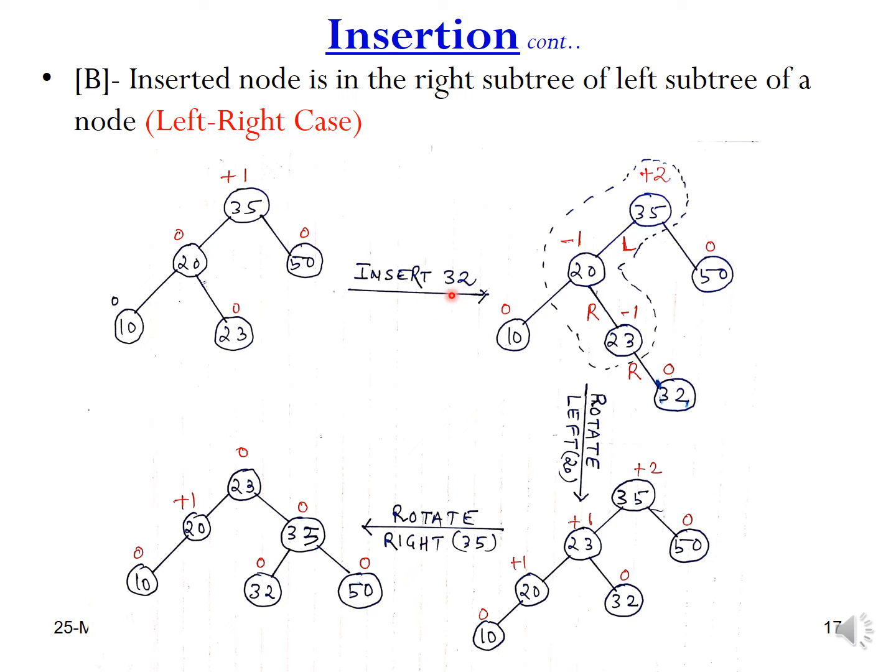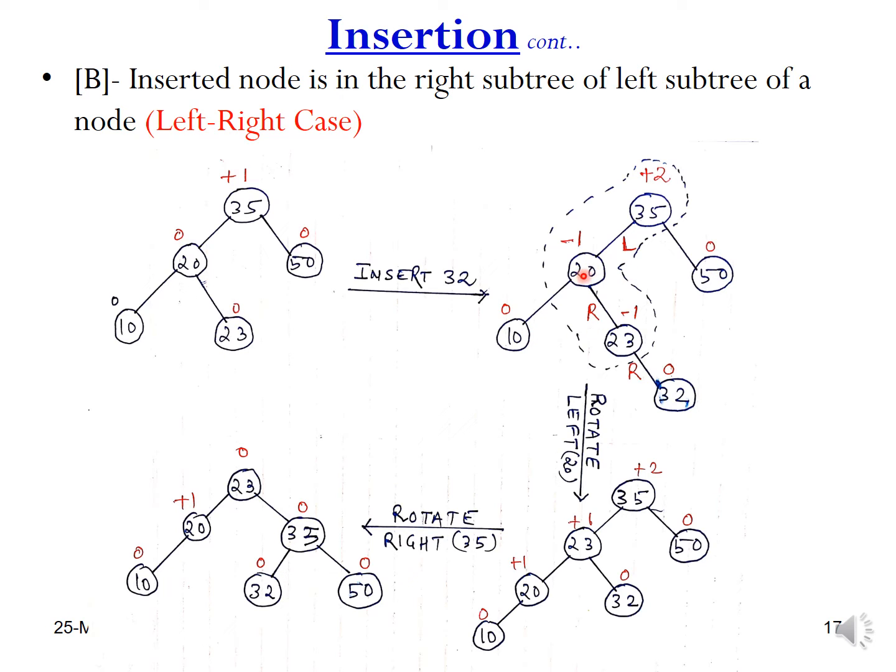Now insert 32. After inserting 32, because 32 is greater than 23 but less than 35, it should come here. We can see that after inserting 32, the balance factor of one of the nodes is disturbed; the balance factor of 35 becomes plus 2. Let us recalculate the balance factors: this one will be 0, the balance factor of 23 will be minus 1 because it is 0 minus 1, and the others are 0.